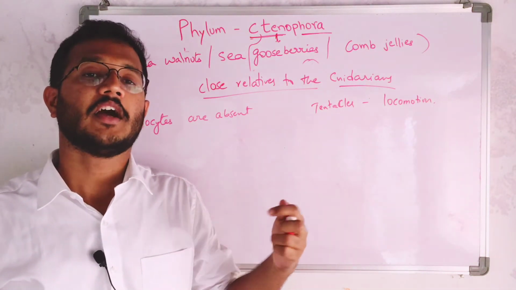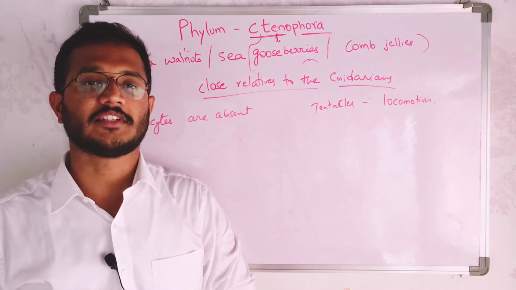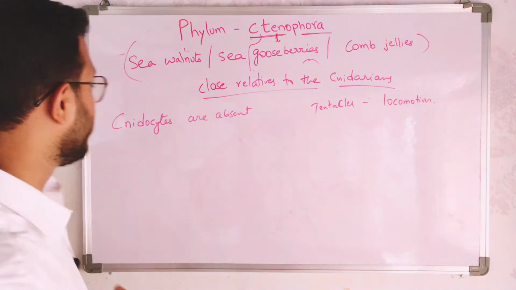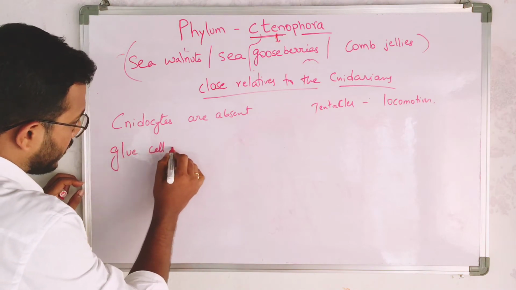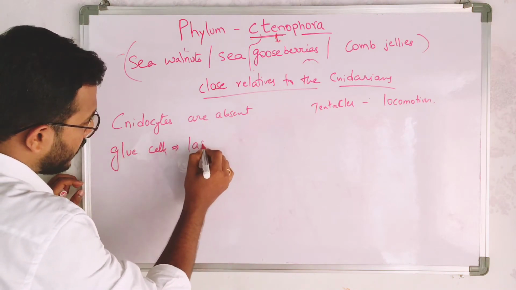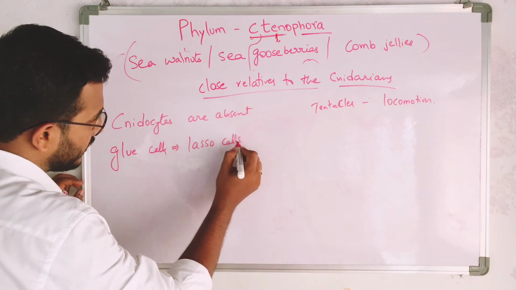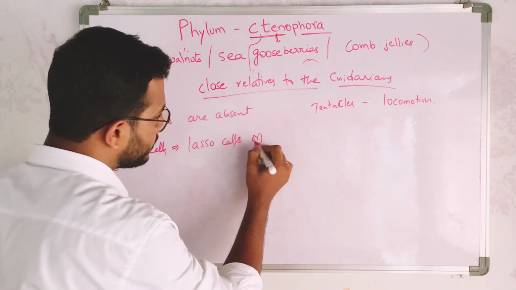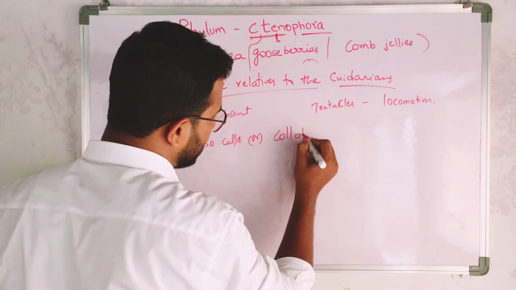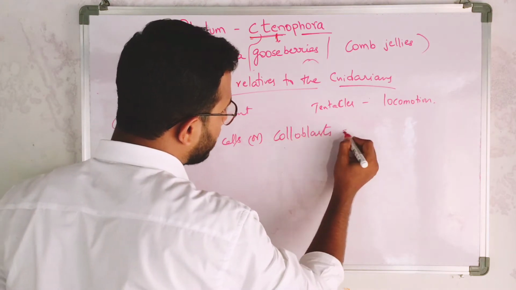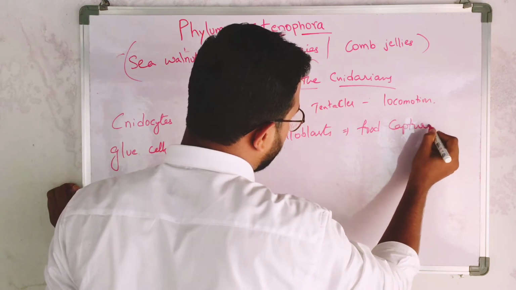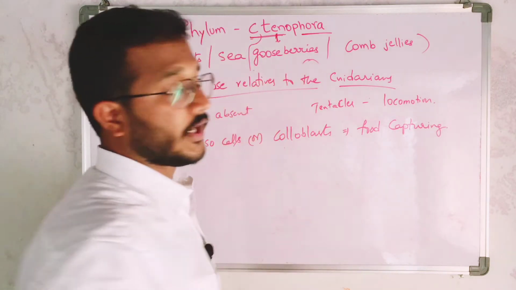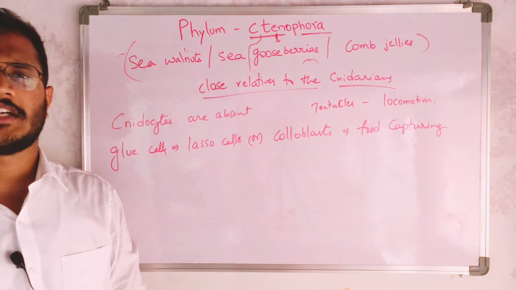So how is the food capturing function performed? That is by special glue cells called lasso cells or colloblasts. These are helpful for food capturing. Okay, these are all the special characters.